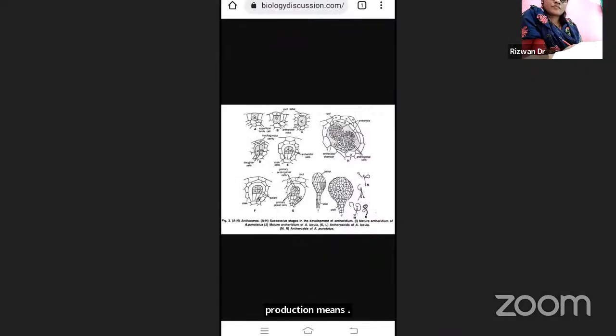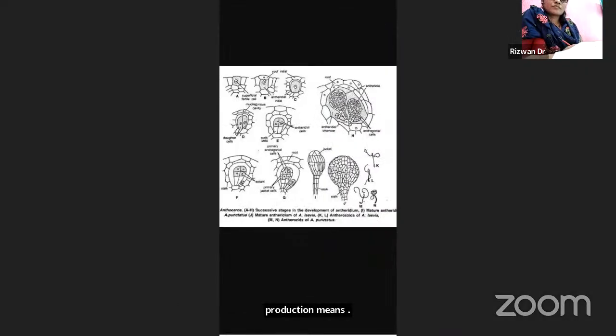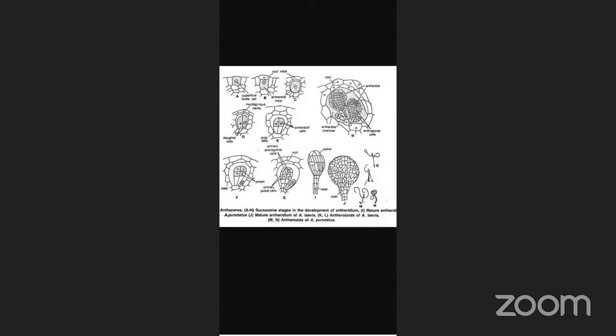Then sexual reproduction. In Anthoceros, oogamous type of reproduction is present. The male and female organs may be present on the same plant, which we call the monoecious condition.